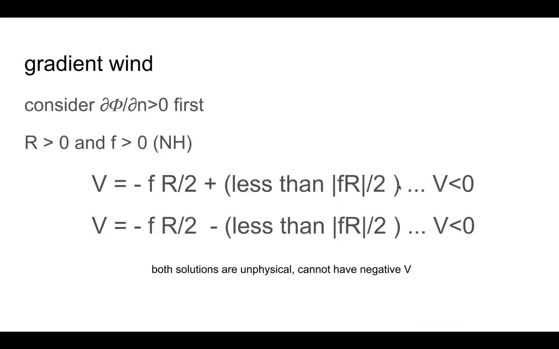And so we're going to end up with a negative number in both cases. And since both of these solutions are unphysical, we really can't have this situation. We can't have this positive r and positive d phi dn. And so those we won't consider because they're unphysical.